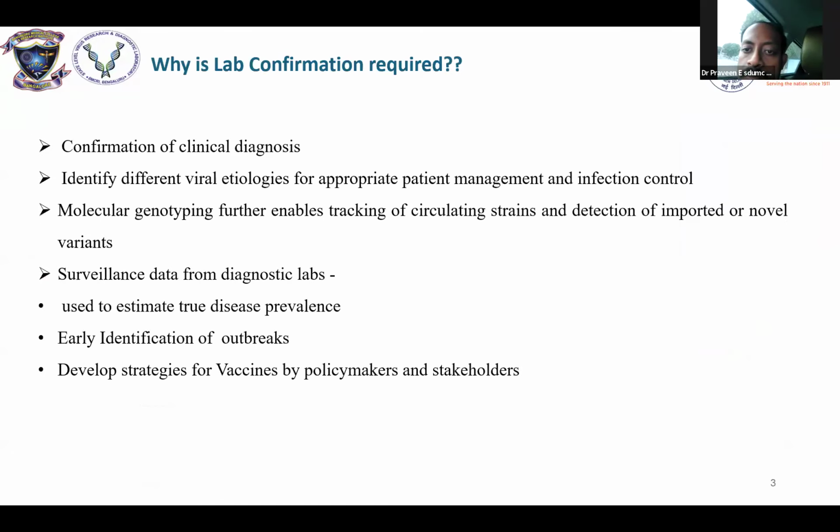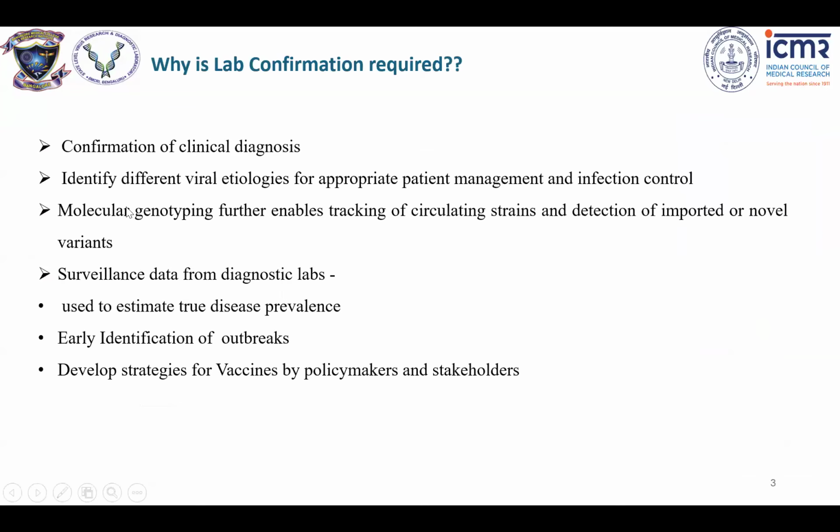Though these conditions are self-limiting, laboratory confirmation is required. So why is laboratory confirmation required for these conditions? It confirms the clinical diagnosis and identifies the viral etiologies, which enables appropriate patient management and infection control.